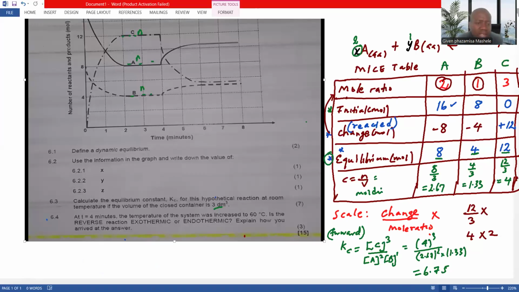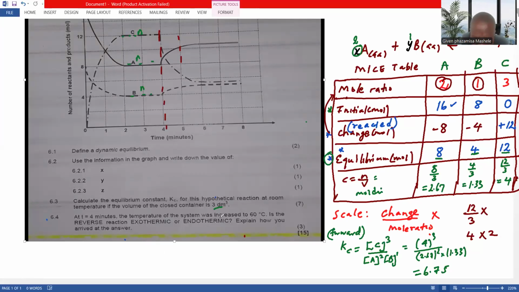Okay, then now the next question, 6.4. It says, at 4 minutes, the temperature of the system is increased.